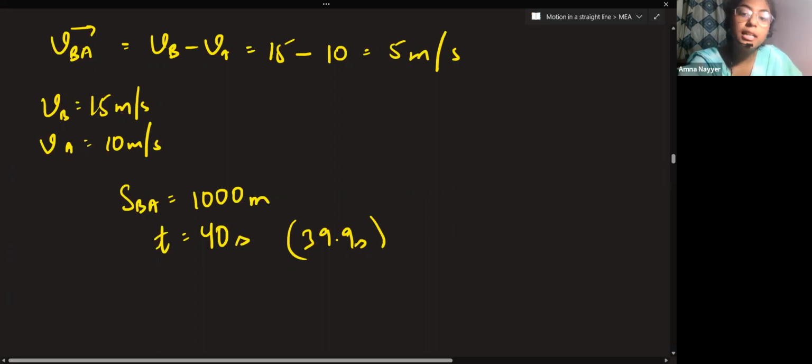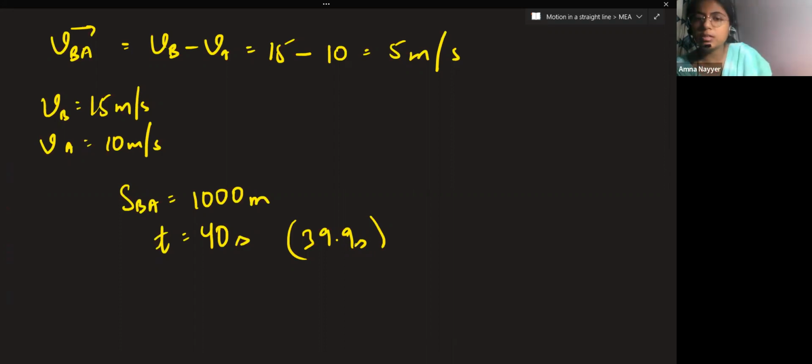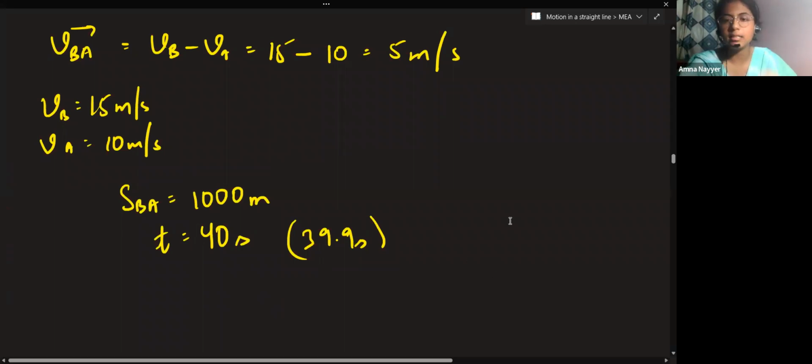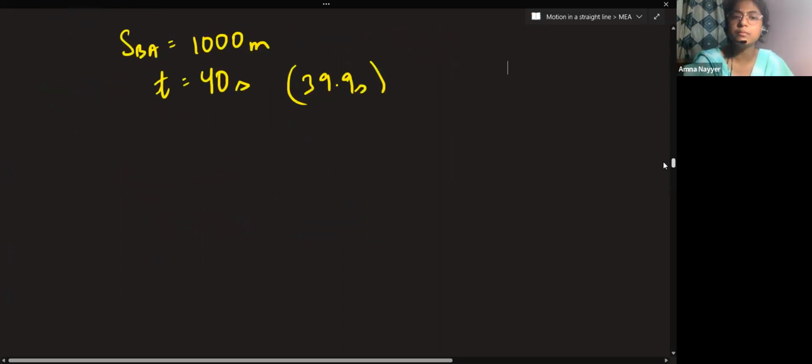We cannot even take exactly 40 seconds, because at 40 seconds car C will also be here and car B will also be here, so that will not result in what we wanted. But for our calculations, we will take it as 40 seconds only. You all will also take it as 40 seconds only, even in the exam.